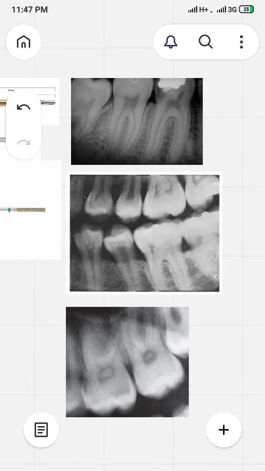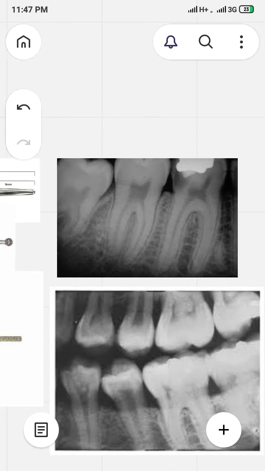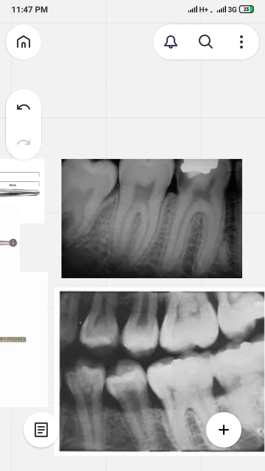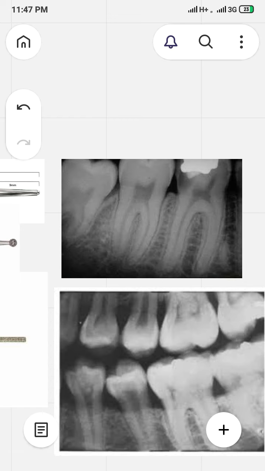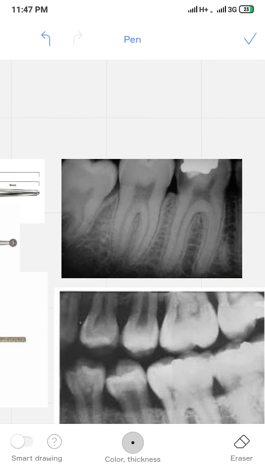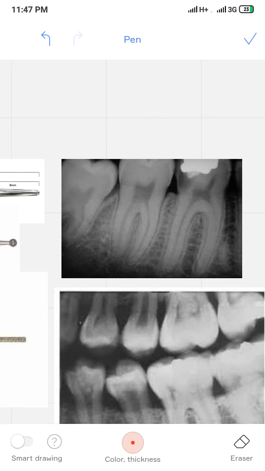So what really happens is that we all expect a tooth to look like this, right? Let me get a pencil. Okay, so in our mind, a tooth always looks like this, right?